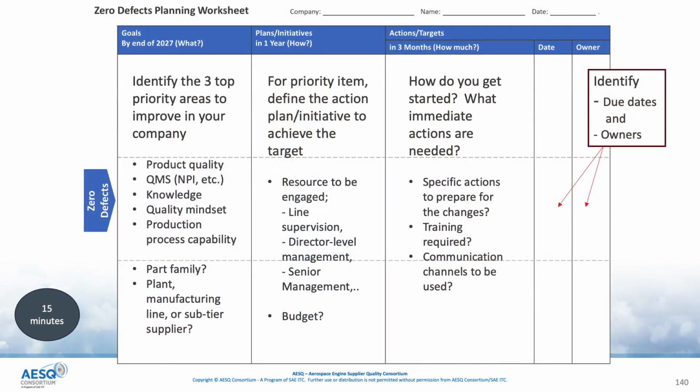Considering the time, please try to identify 3 top priority areas from the framework and combine with your company's vision at the same time, and try to picture what it should look like at that time. So that's the vision section.